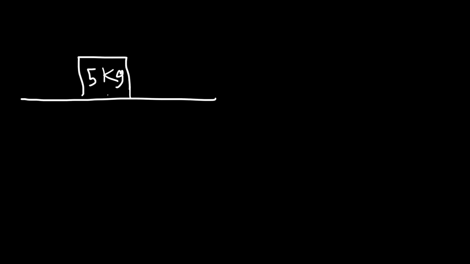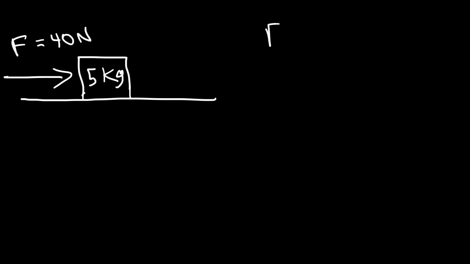Now let's say there's a 5 kilogram block that rests on a frictionless surface and you apply a force of 40 newtons. What is the acceleration that's acted on the block? And what's the direction of the acceleration?